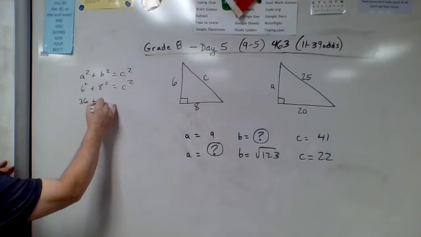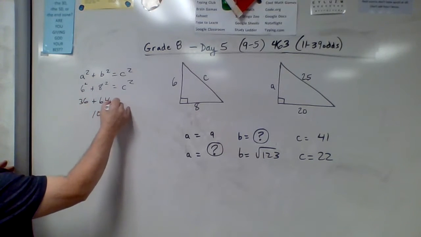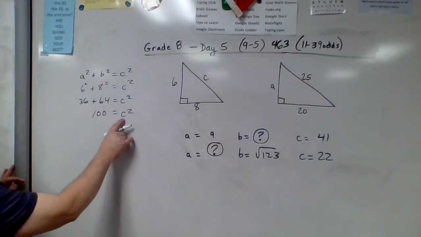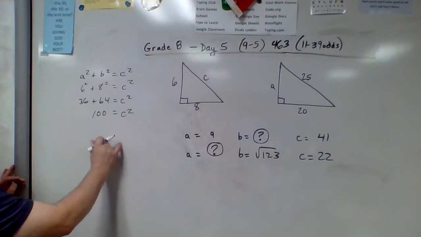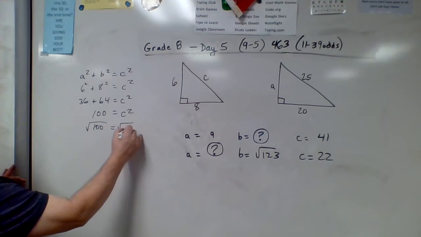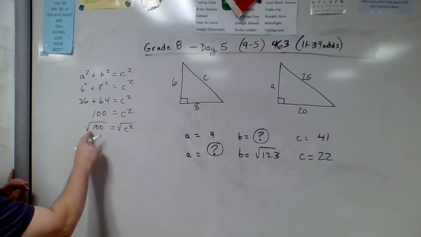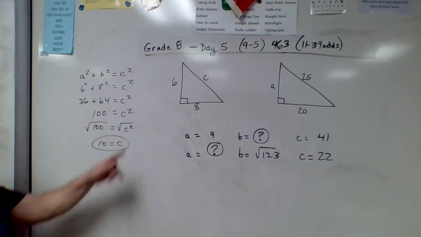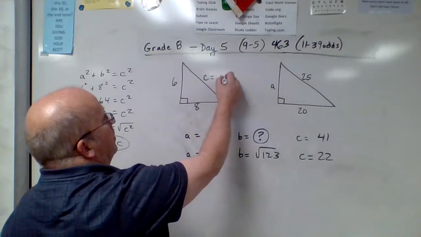We have 36 plus 64, 100 on the left side. And now what do we do? Well, we need to figure out what this c is, not what c squared is. So we do the exact same operation to both sides. We take the square root of both sides, and we get 10 as our value of c.